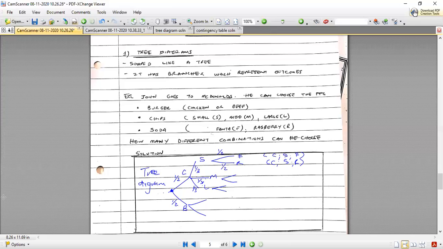So in this part here that we follow in the tree diagram, we go up there, down to that level, or that one, down to there. Then John could say, I want a chicken burger with a medium chips, and then he could choose either a Fanta or a raspberry. And so you can see we are building up our combination. So that's a chicken burger, medium chips, and a Fanta, or a chicken burger, medium chips, and a raspberry.